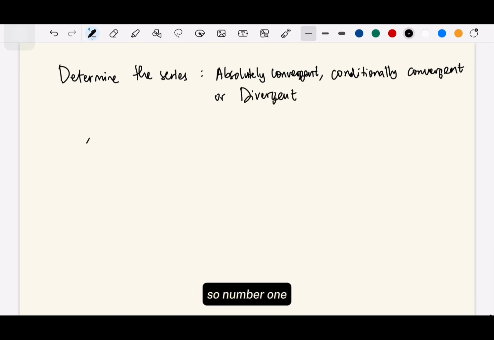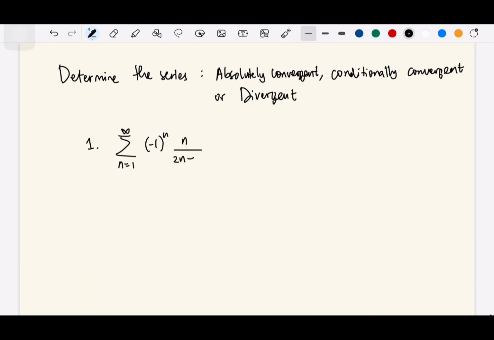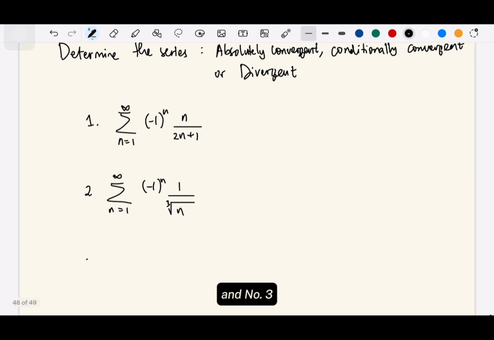Number one, number two, and number three.